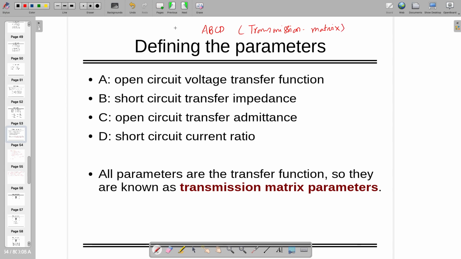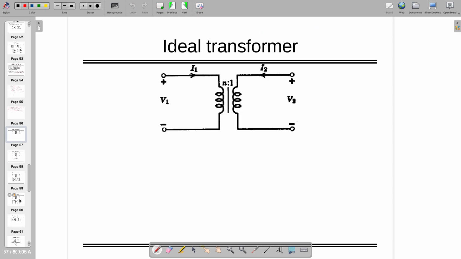This is also known as T parameter, where A is defined by open circuit voltage transfer function, B is defined by short circuit transfer function, short circuit trans impedance, C is open circuit trans admittance, and D is short circuit current ratio. And here all the parameters are connected with respect to output or input. There is a ratio, so that's why this is known as transmission matrix parameter, and this is very much popular in antenna theory. Right? So this is what we learned.